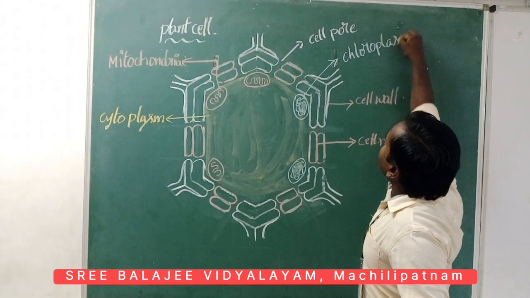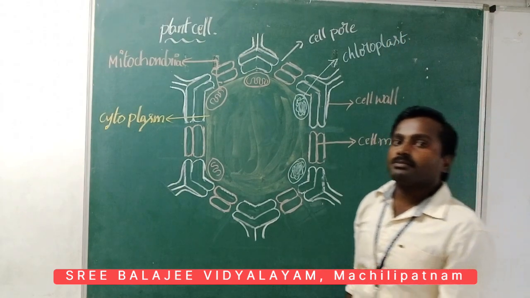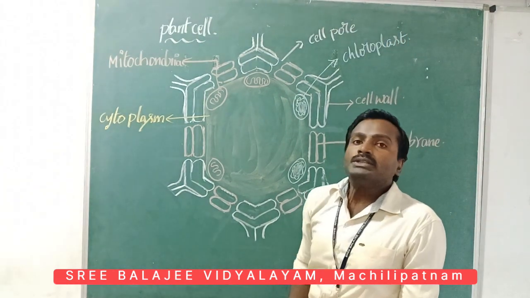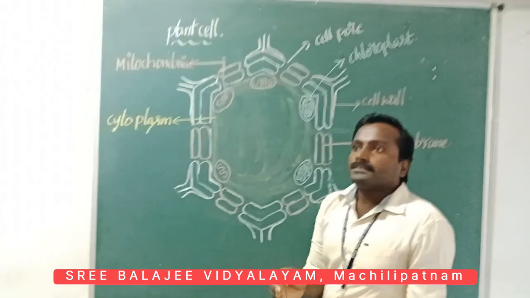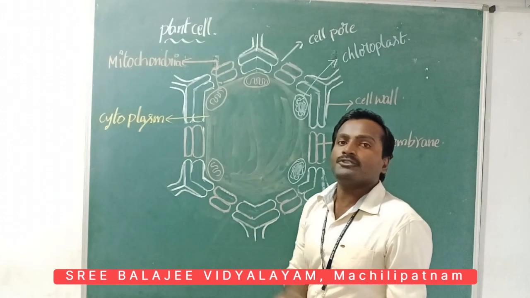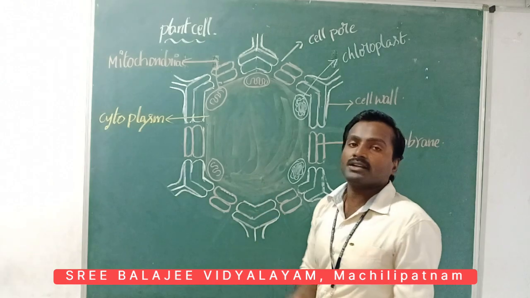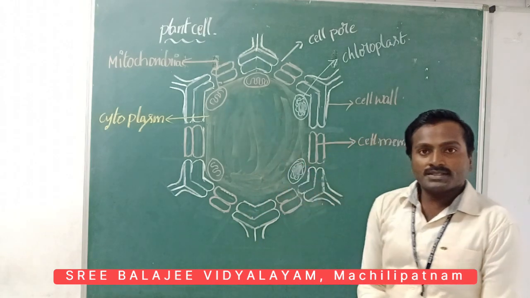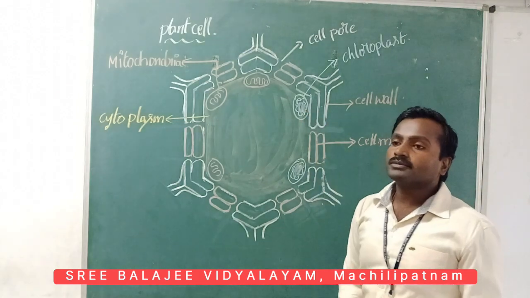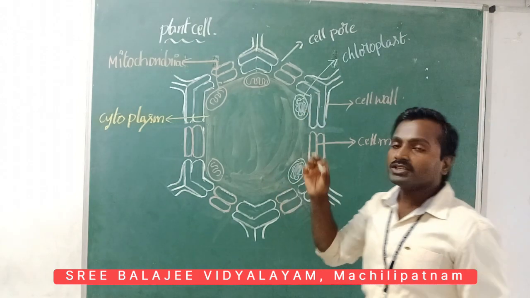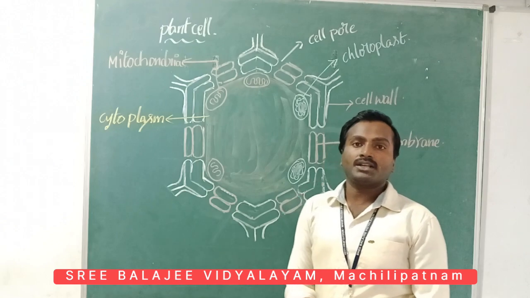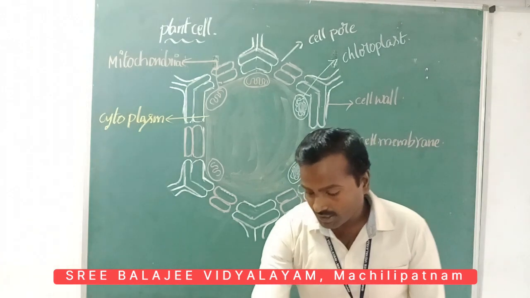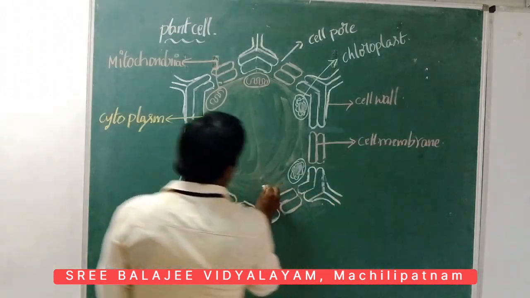Chloroplast contains a green color pigment. That pigment is called chlorophyll. With the help of chlorophyll and chloroplast, the plant cell can perform photosynthesis. Next, mitochondria completed, chloroplast completed. Next, the remaining cell organelle I am going to draw, that is the Golgi complex.